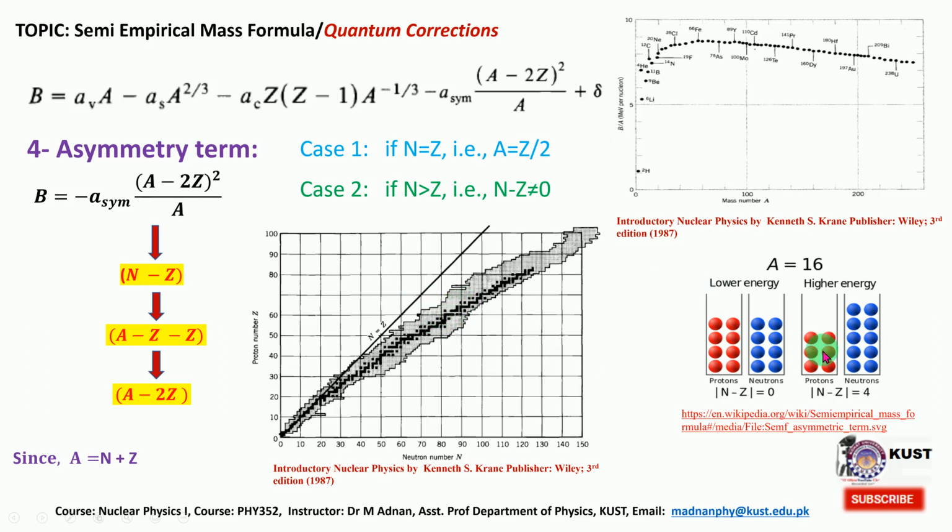So in order to get stability, let's say two protons are converted to neutrons, so that due to this conversion it comes to this dark pattern, this stable pattern.